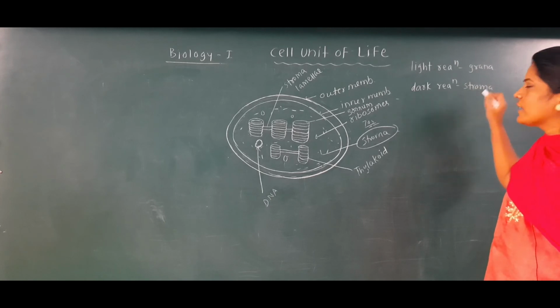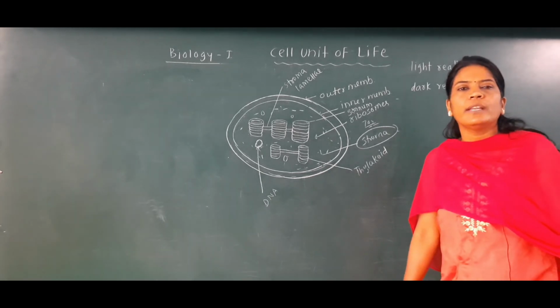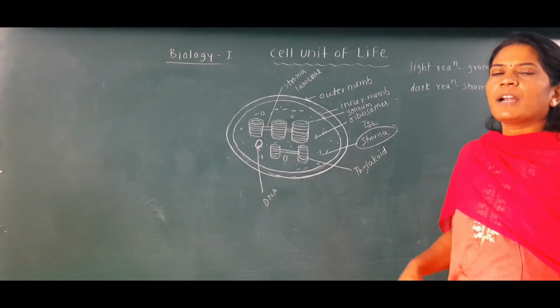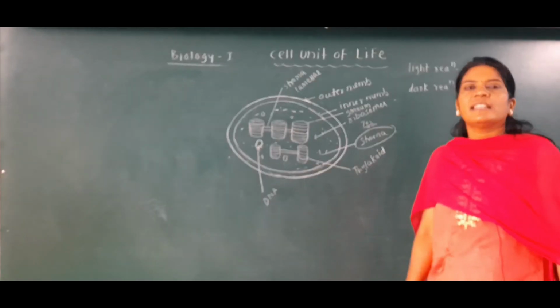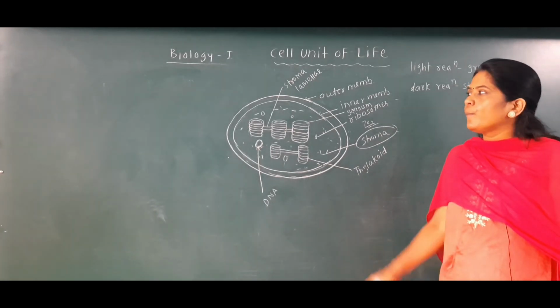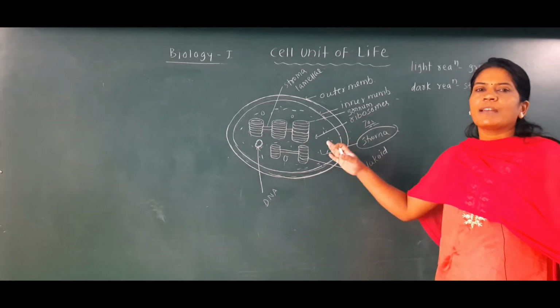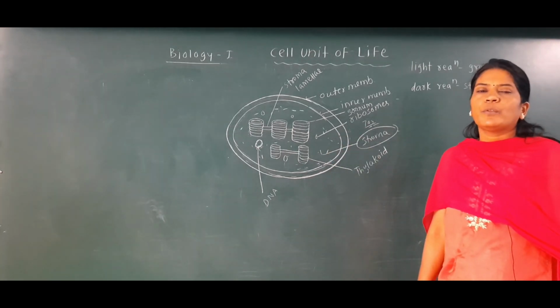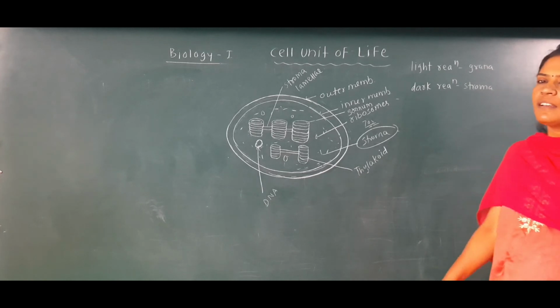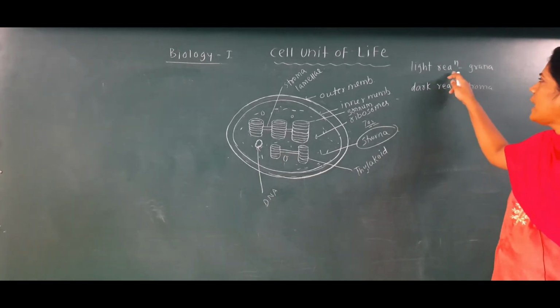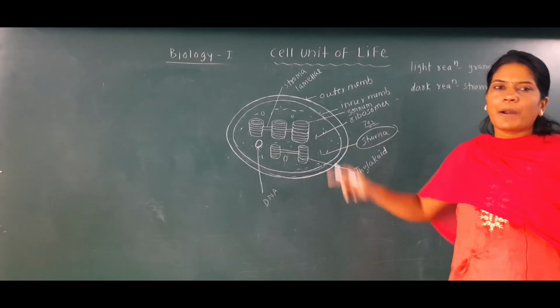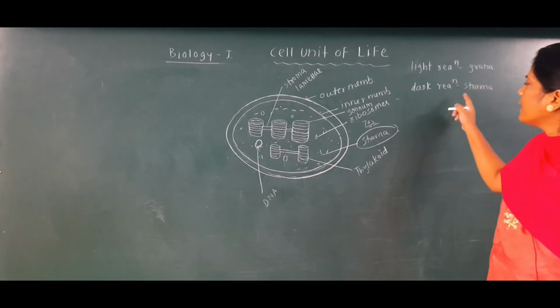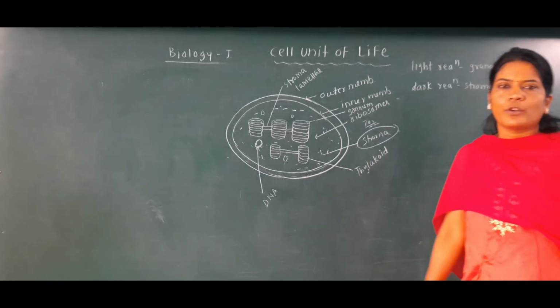This is the extra point that you have to remember only, because this part we have to study next year, but you should know what is the role of grana and what is the role of stroma in the process of photosynthesis. That's why we are discussing this point, that is light reaction takes place in the grana part of the chloroplast and the dark reaction takes place in the stroma part of the chloroplast.